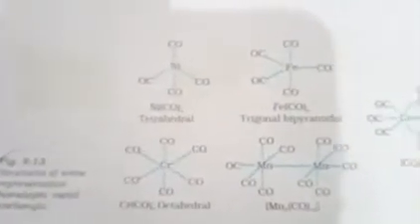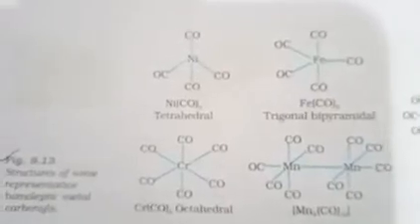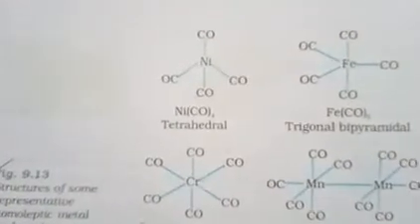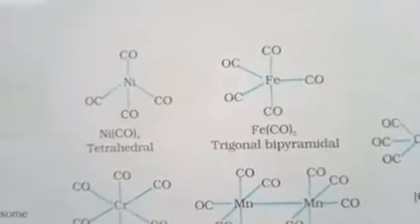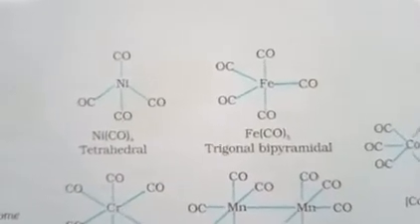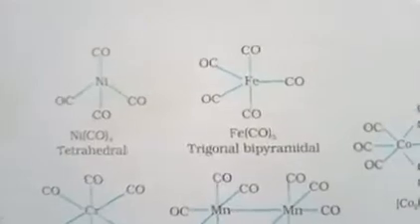So, structures of nickel tetracarbonyl. Carbonyl means those compounds formed from a metal and carbon monoxide. Nickel tetracarbonyl has a tetrahedral structure, whereas iron pentacarbonyl has a trigonal bipyramidal structure.